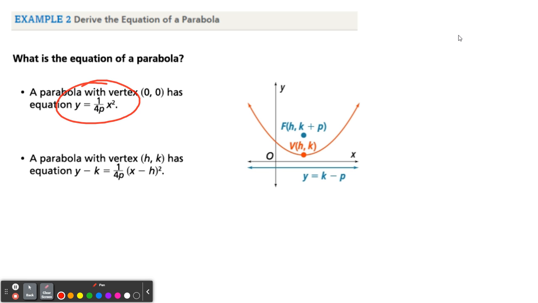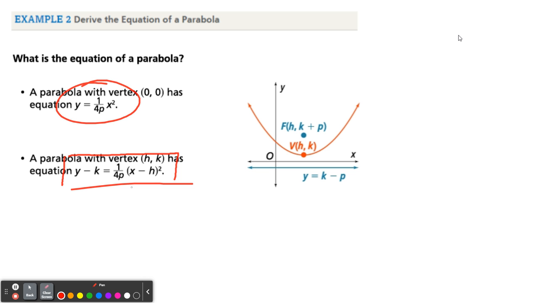If the vertex moves, say it's (h, k), then you have this formula. Because the h and k make it move, you have to use the translation formula. So y minus k, so you slide the k, equals 1 over 4p times (x minus h) squared.